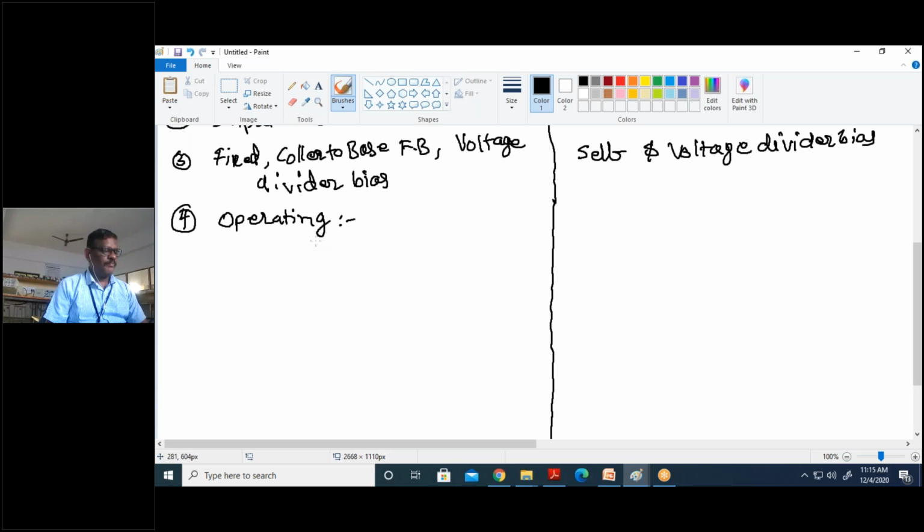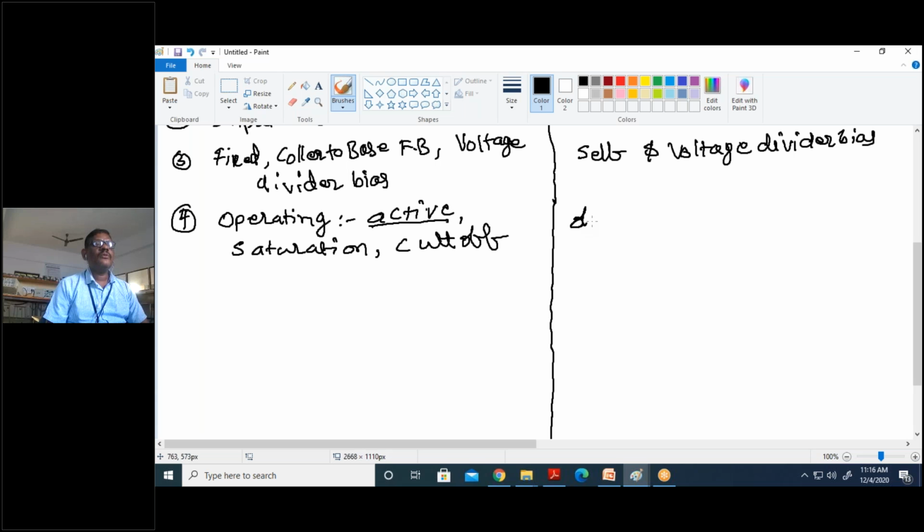Here we have three regions: active region, saturation region, and cutoff region. But we are operating every time in the active region only.